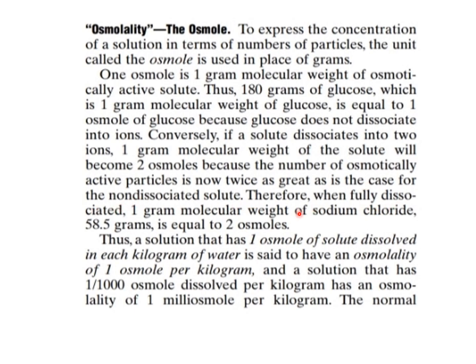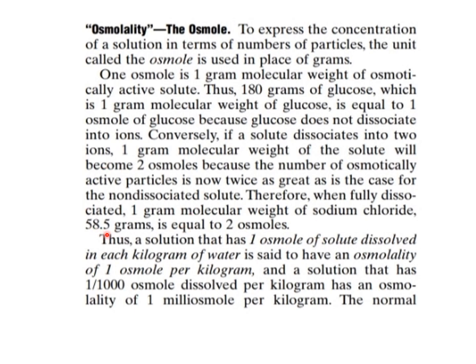Therefore, when fully dissociated, 1 gram molecular weight of sodium chloride, we calculated, was 58.5 grams, that is 1 mole NaCl per liter. It is 58.5 grams per liter, that is equal to 2 osmoles.